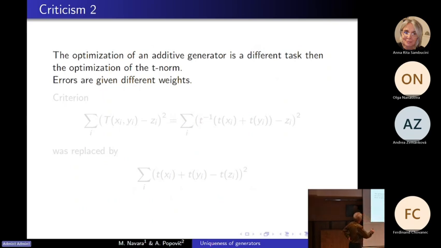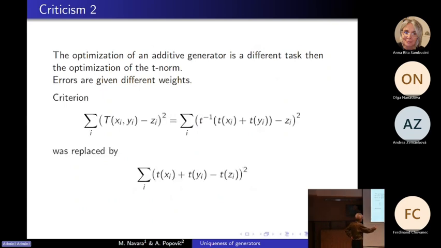There is another criticism that Belyakov optimized the additive generator. It's not the same task as optimizing the t-norm itself. Because the original criterion, which was naturally the sum of squares of differences of the t-norm from the desired values, was replaced by the sum of squares of differences between the values of the additive generator.